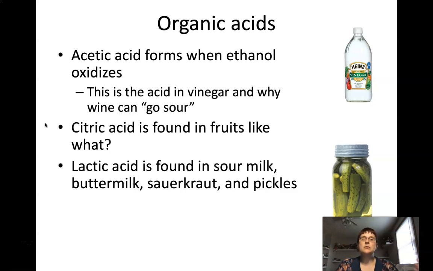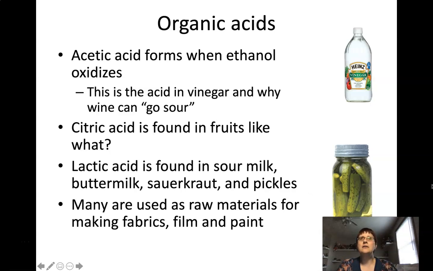But we also will get it to purposely form to be able to create buttermilk. Sauerkraut is sour because of lactic acid that we allow bacteria basically to create, and pickles. So that's what creates that bite, that plus vinegar, because you do add vinegar to pickles.